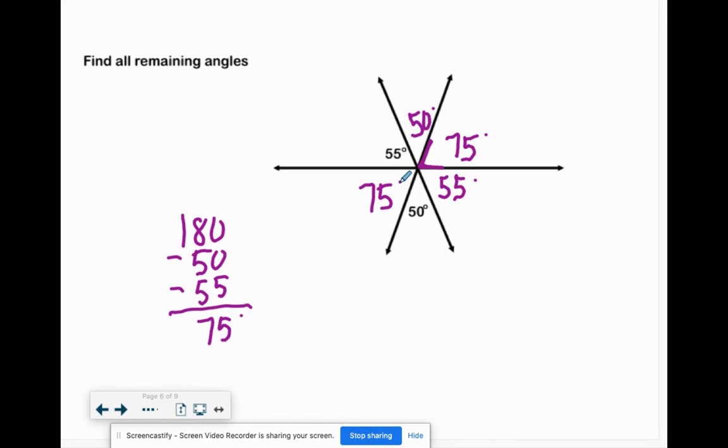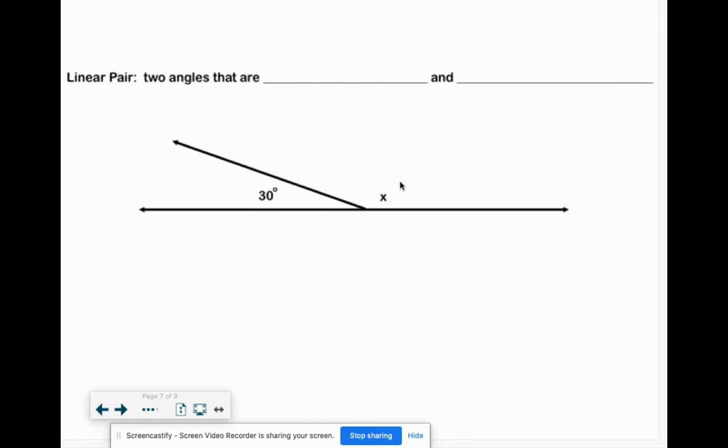Okay, we turn the page, I think. Linear pair. So a linear pair are two angles that are adjacent. Do you remember what adjacent means? They're together.